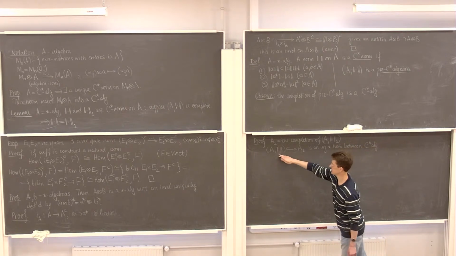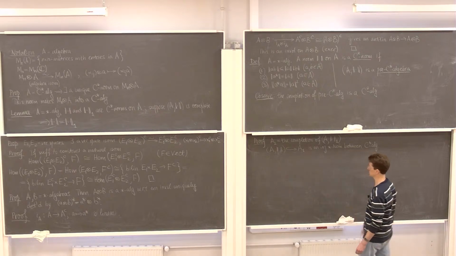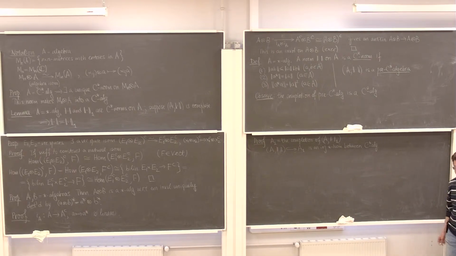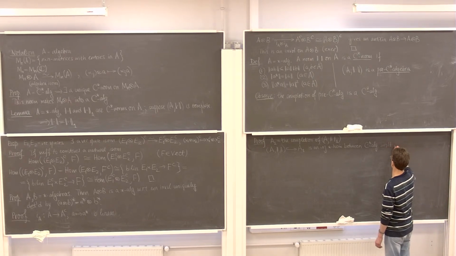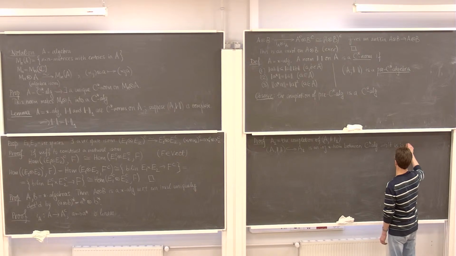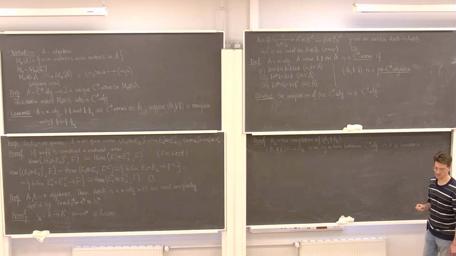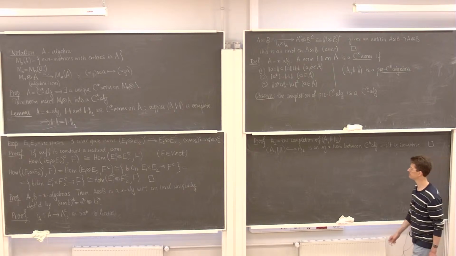This is a C-star algebra, and this is a C-star algebra. And this is an injective star homomorphism between C-star algebras. And let's recall that an injective star homomorphism between C-star algebras is isometric. But this means exactly that the norms are the same. So this completes the proof of our lemma.